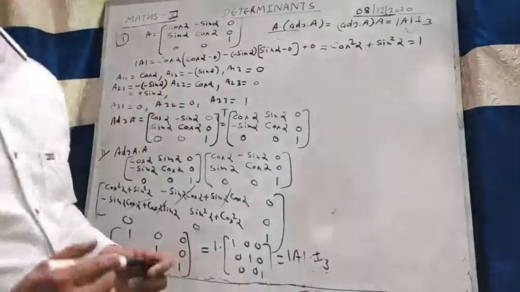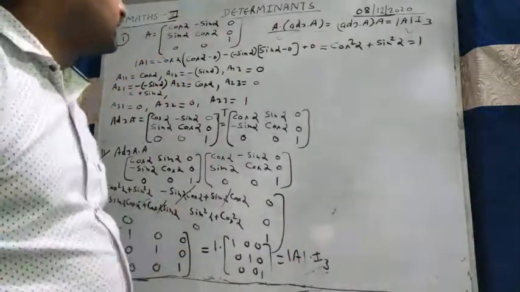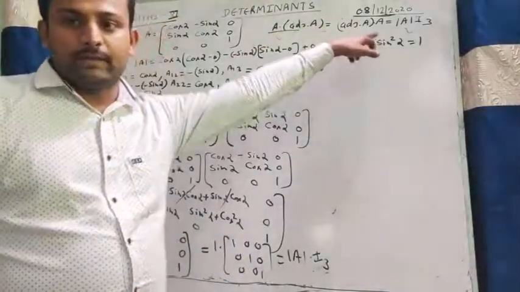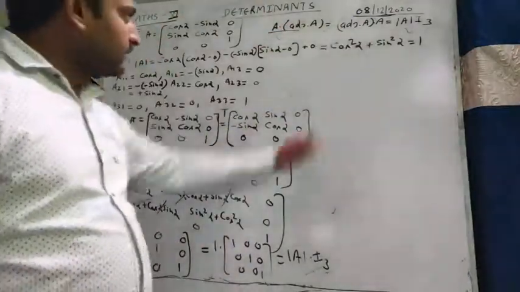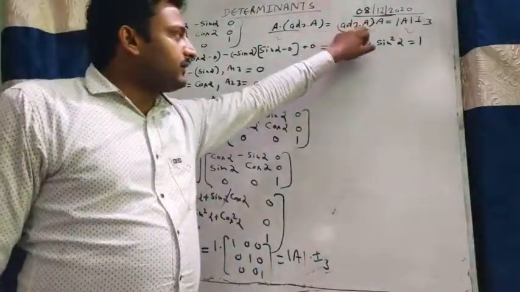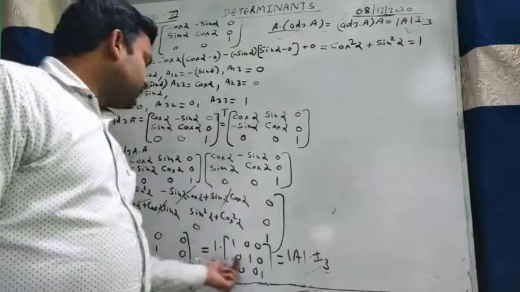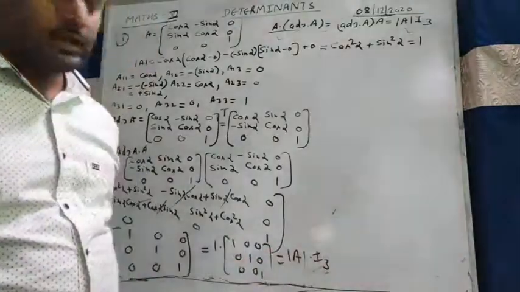So what we are seeing, student, from here, is that our left hand side is also equal to determinant of A I3, and our right hand side, this is adjoint of A into A. This we have also proved is equal to determinant of A I3.